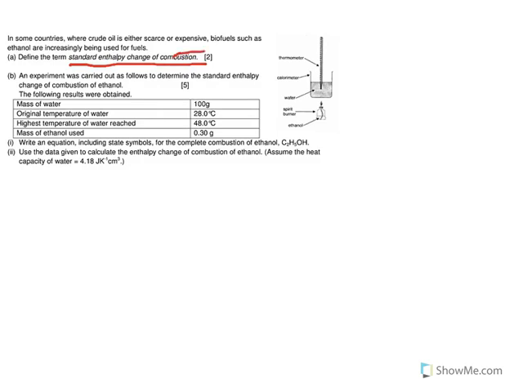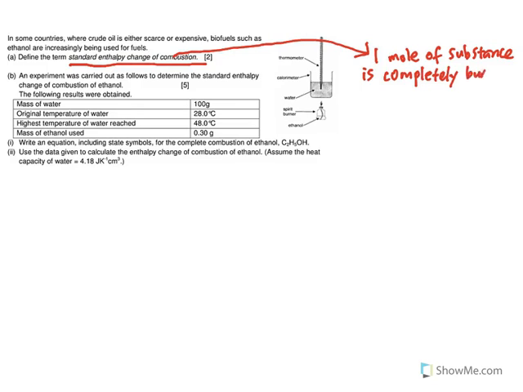So the key idea of this standard enthalpy of combustion is that it is the energy released when 1 mole of substance is completely burnt in excess oxygen under standard conditions.